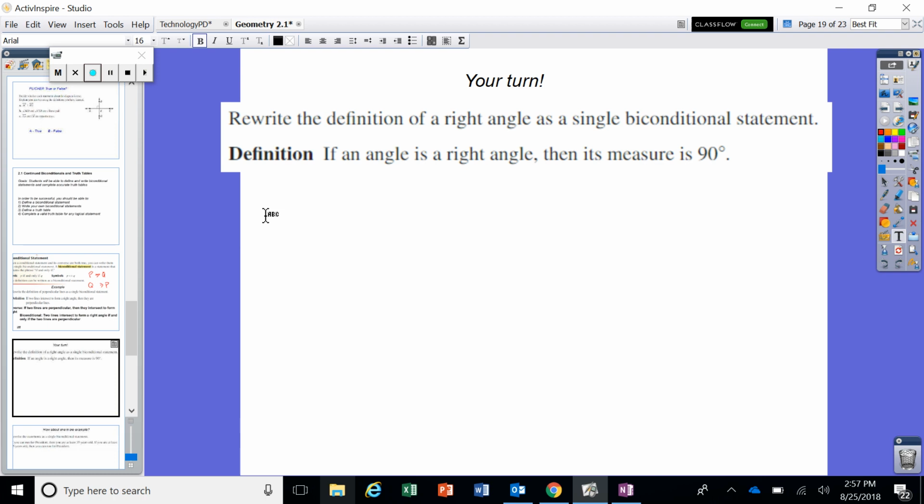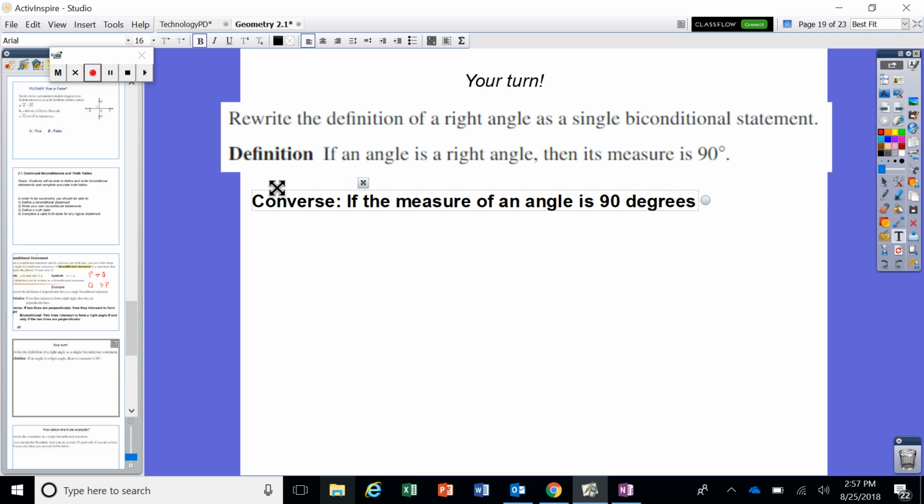Let's take a look. Definition. If an angle is a right angle, then its measure is 90 degrees. We know it's a true statement. Its converse, in this particular example, would say, if the measure of an angle is 90 degrees, then it is a right angle, right?